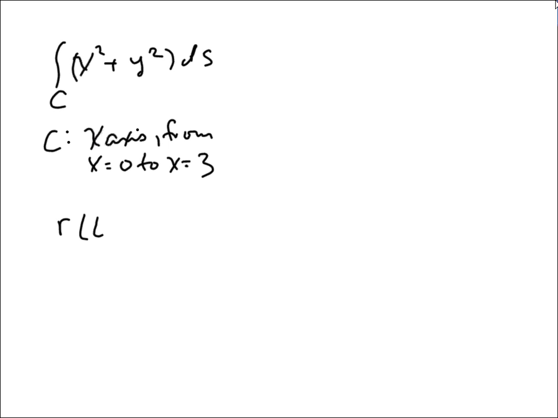So in this case, r of t, it would just be ti, where t goes from 0 to 3.